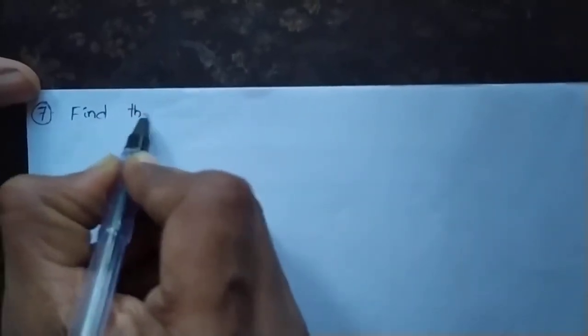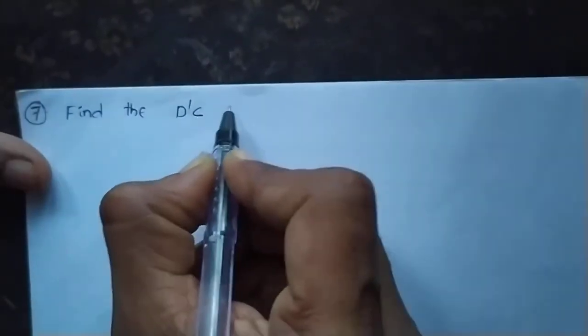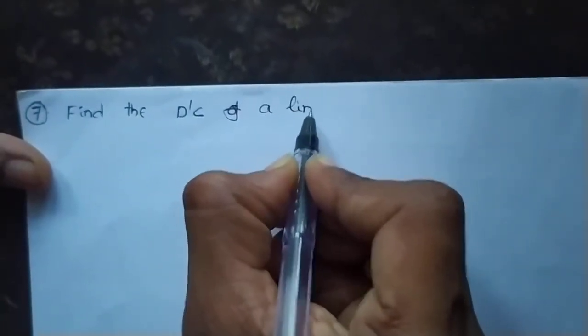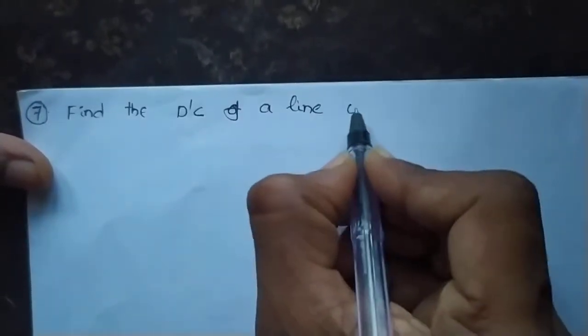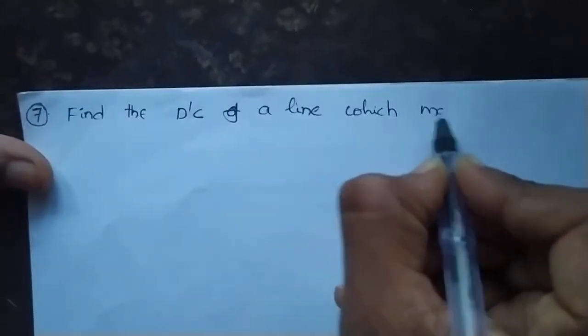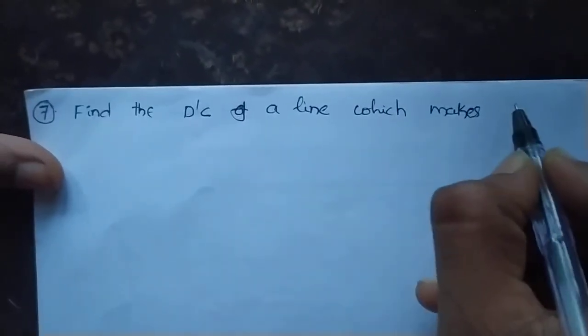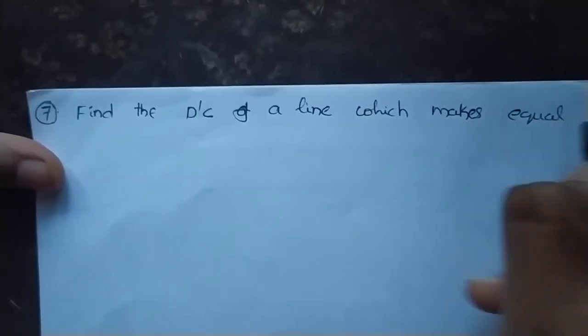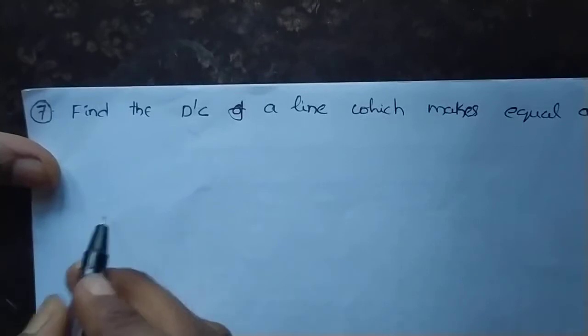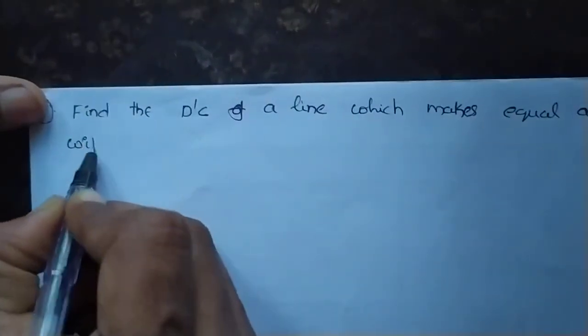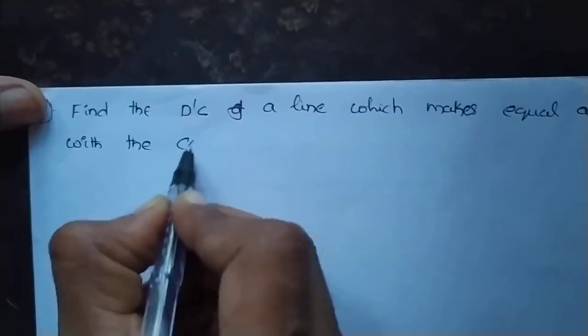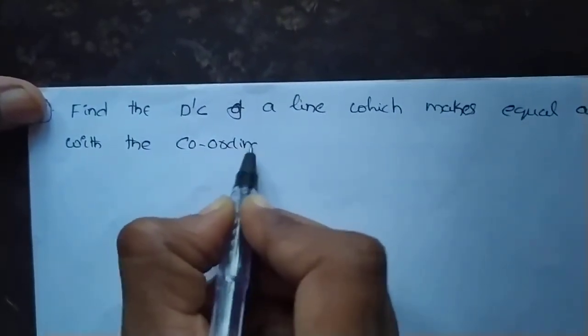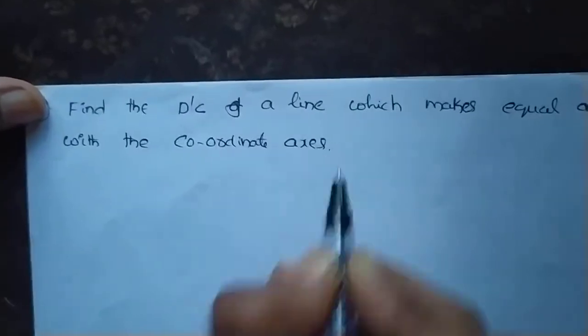Seventh problem: Find the direction cosines of a line which makes equal angles with the coordinate axes. Solution.